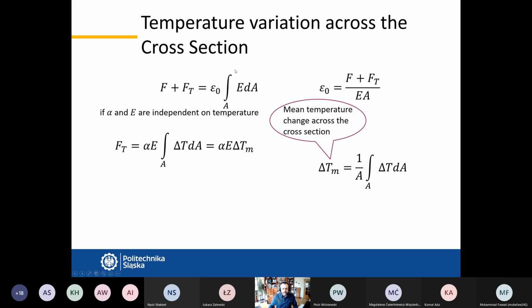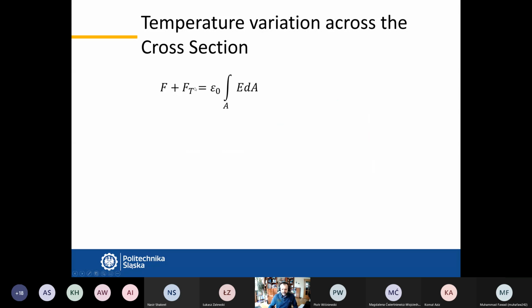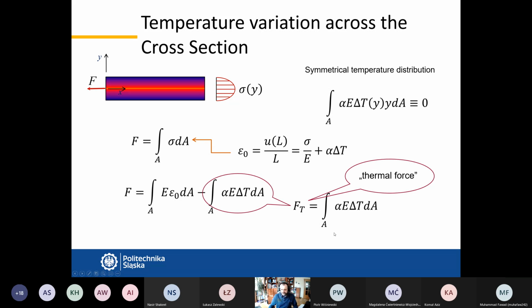Looking back, if E is independent of temperature and alpha is independent of temperature, we are looking at this formula here, Ft. So we have here alpha E. Delta T, as we know already, is dependent on the location, but it's symmetrical.